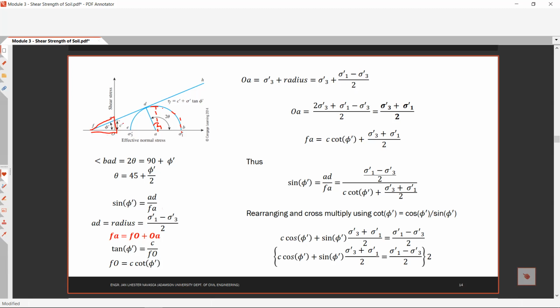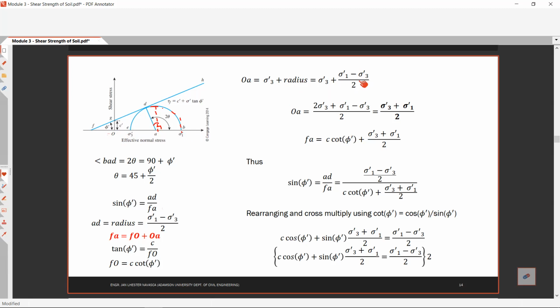We have c, the cohesion value, over FO. Therefore FO is c cotangent phi prime. Then your OA this time is sigma3 prime, the value of the minor principal stress, plus the radius. That is your length OA.